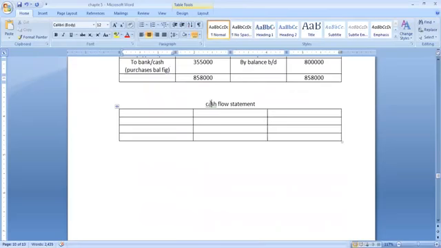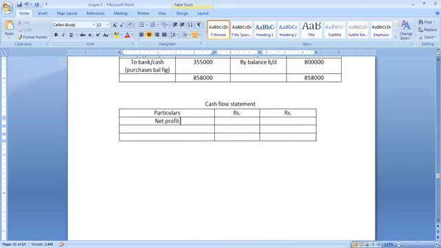And next there is also cash flow statement to be prepared. Particulars, rupees. Okay. So first of all, you will take here the information. So now take the net profit information.